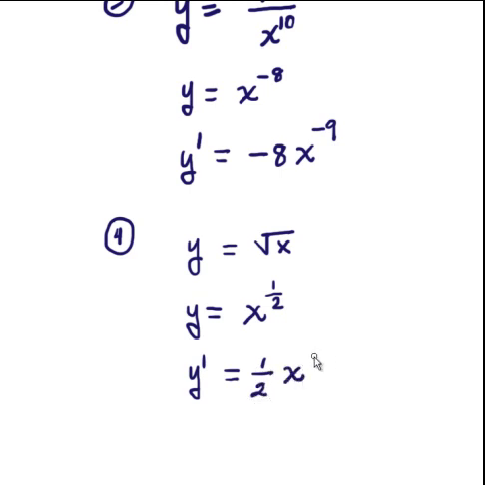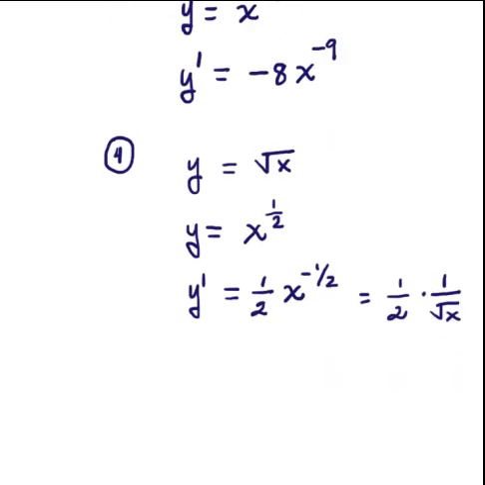And here we have 1/2 minus 1, that's minus 1/2. We can rewrite this as 1/2 times 1 over x to the 1/2, or 1 over square root x. So let's write it as 1 over 2 square root of x. Okay, so that's the derivative of square root x.